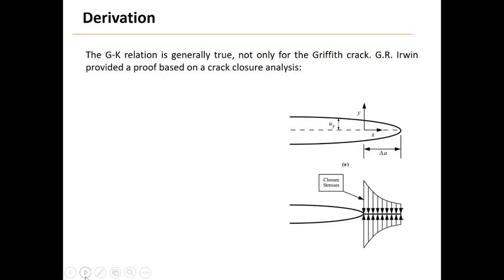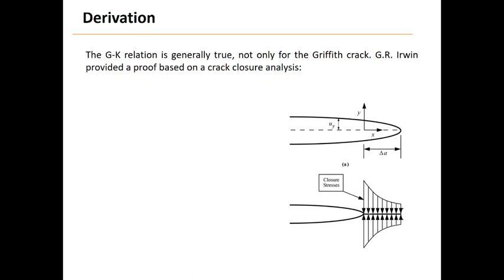To do that, we need to think about two configurations, because a crack extension analysis, or crack growth, is always comparing two configurations. I hope by now you understand the process. This is the same process we followed when we were looking at the energy release rate. We're going to do this analysis in reverse.